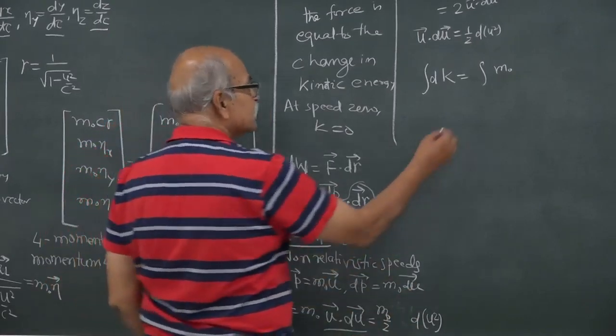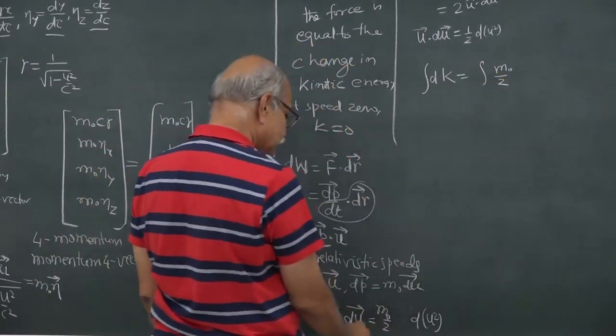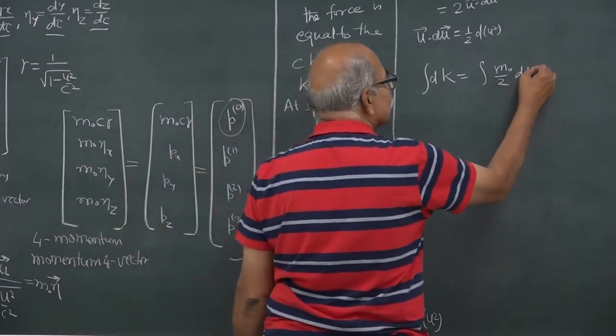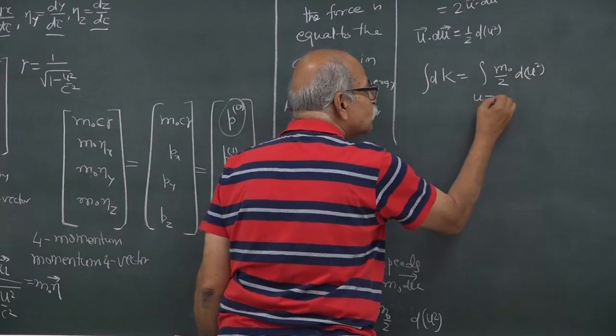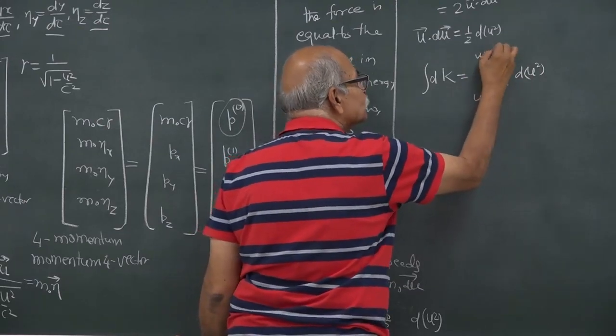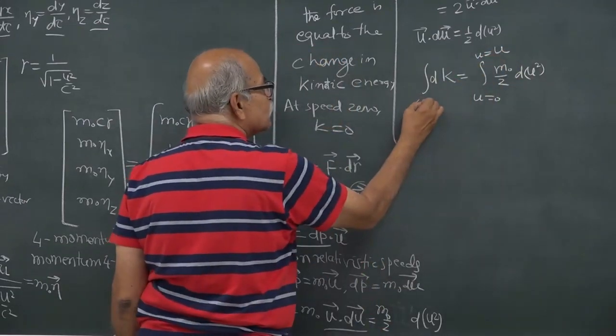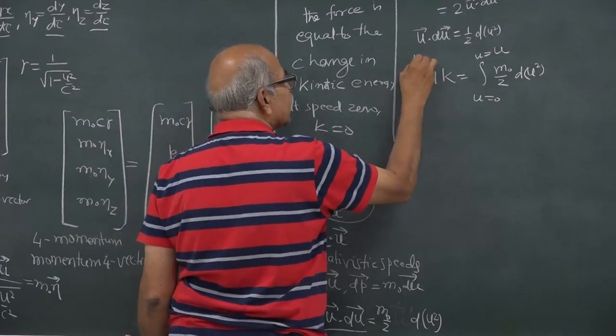So, on this side it is m naught by 2 and d of u square, u going from 0 to u, and kinetic energy will go from 0 to k.